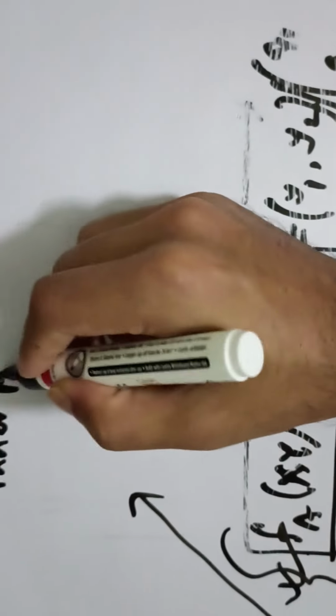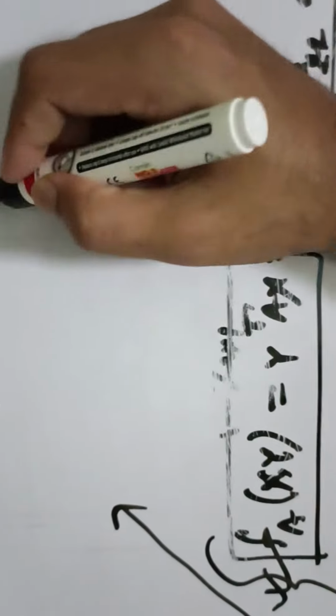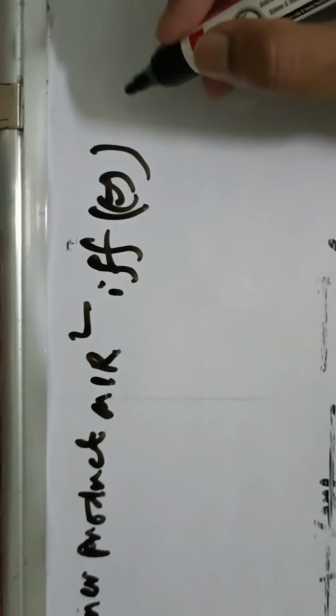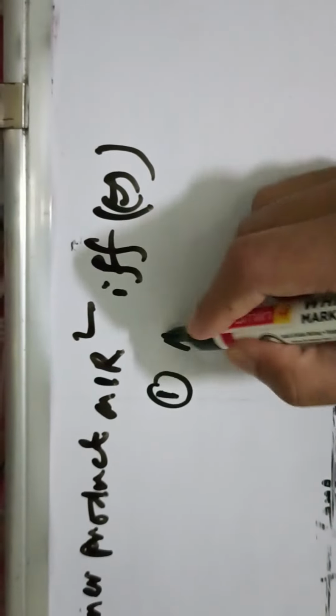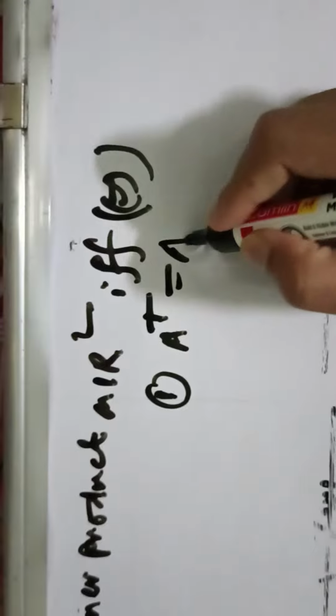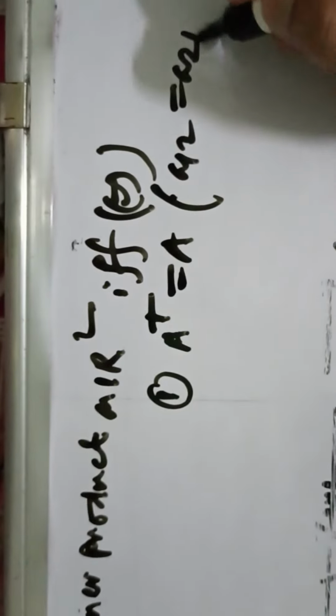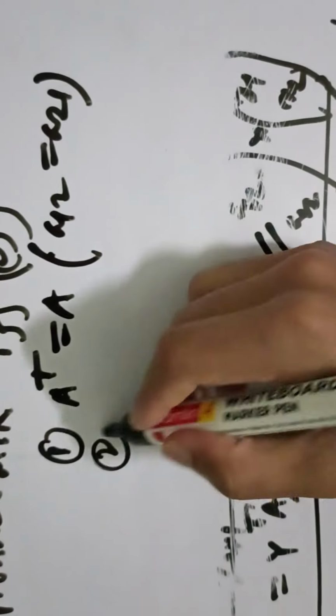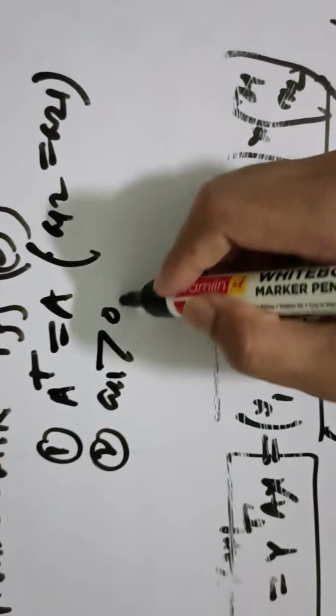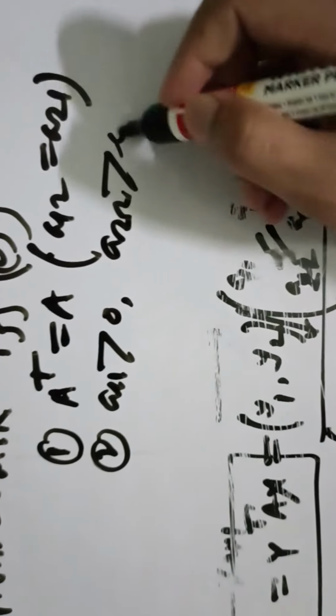It forms an inner product on R2 if and only if, a strong condition, these conditions hold. There are 4 conditions. First of all, the matrix is symmetric, meaning A transpose equals A. Since it's a 2 cross 2 matrix, this implies a21 equals a12. Second, a11 should be positive, and a22 should be positive.